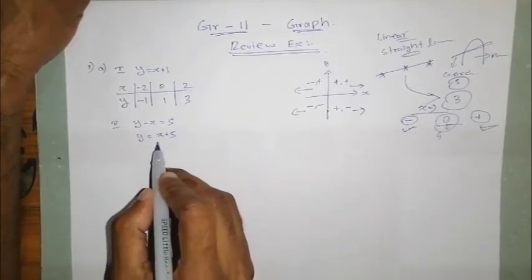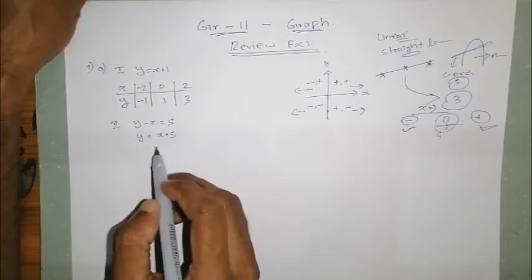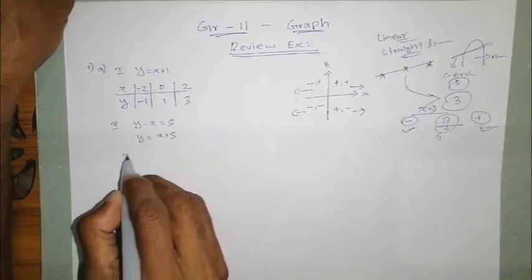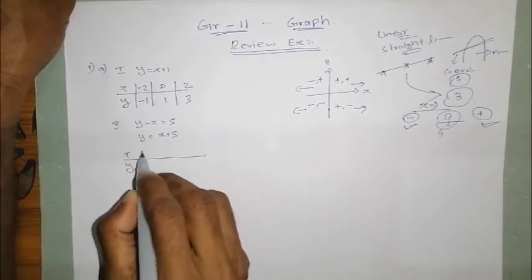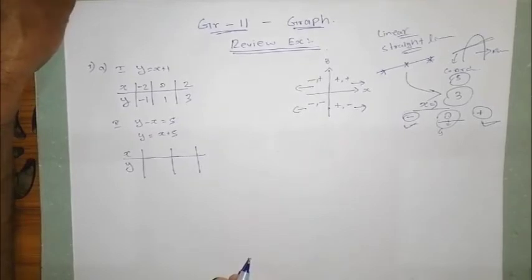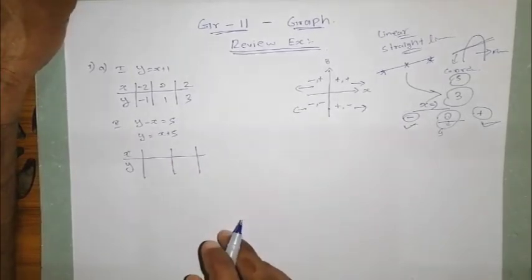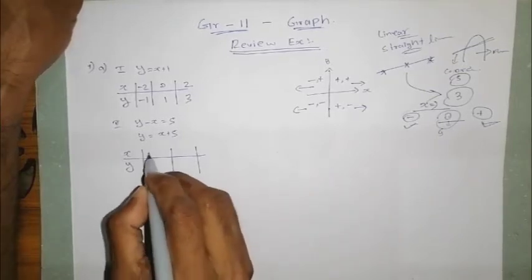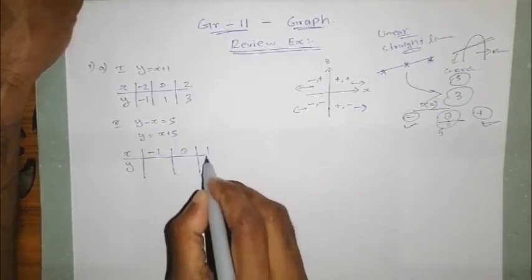That's why we are changing it, it's easy to simplify. So for the x coordinates, we can take the same values, minus 2, 0, 2, or we can change to any other values. So I'll take minus 1, 0, 1.